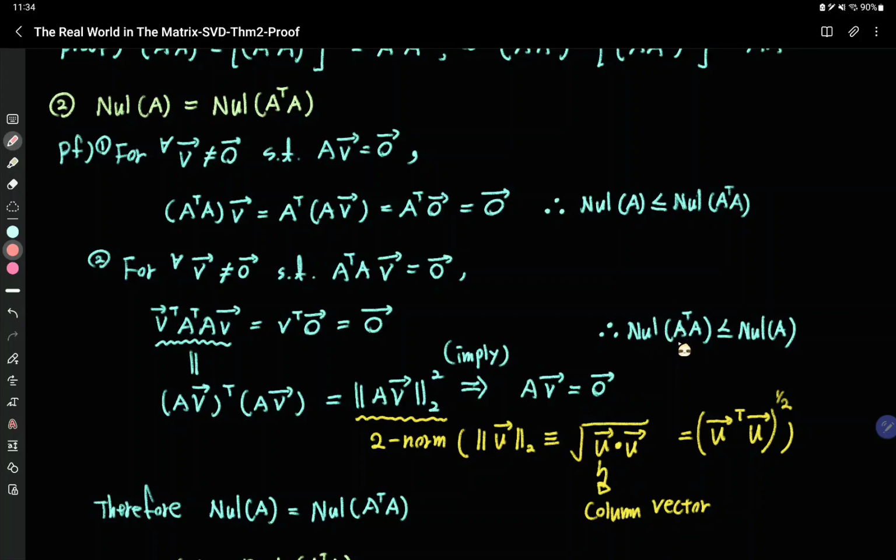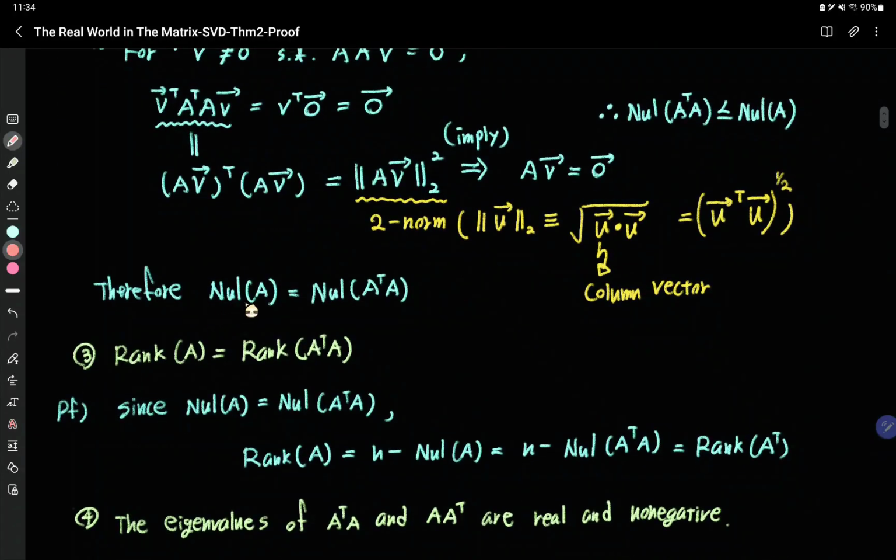So we proved this, and because of those two inequalities, it turns out the nullity of A must be equal to the nullity of A transpose A. It means the number of solution vectors of AX equals 0 must be equal to the number of solution vectors of the matrix equation A transpose A X equals 0.